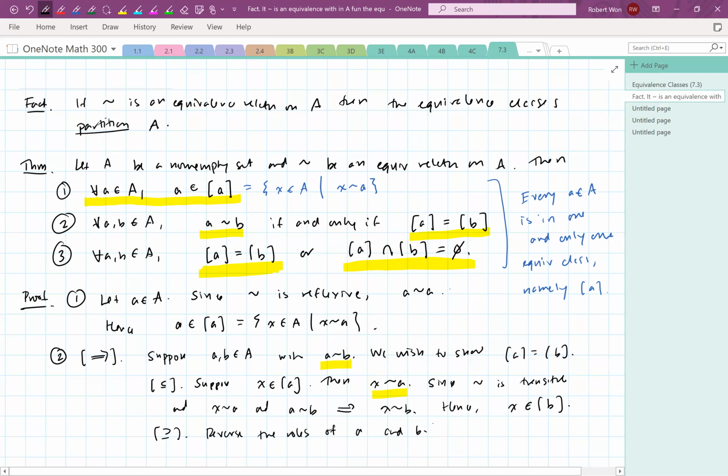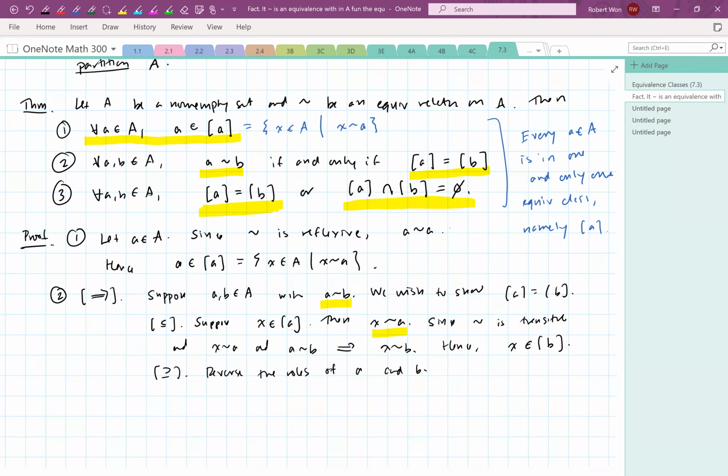You actually also might need to use symmetry, I guess, to flip around one of the equivalences, but I'll leave that as an exercise. So that shows that if A is equivalent to B, then the equivalence class of A is equal to the equivalence class of B. What's the reverse direction of this?